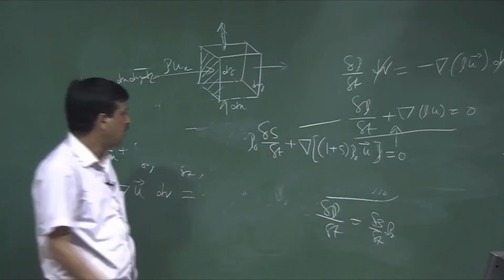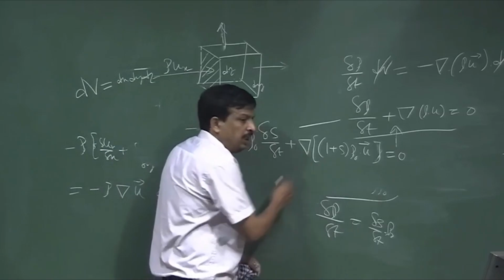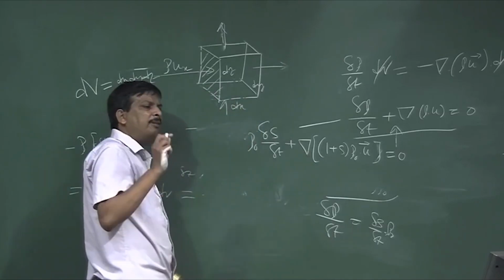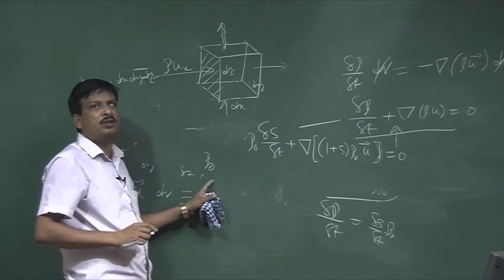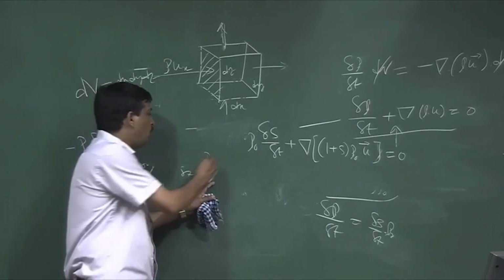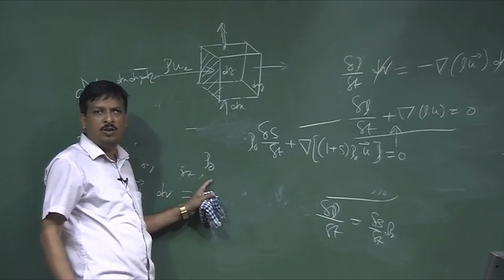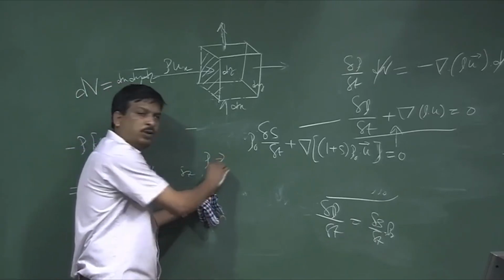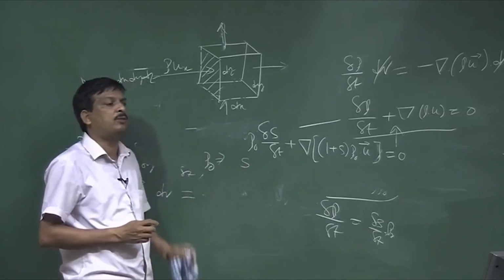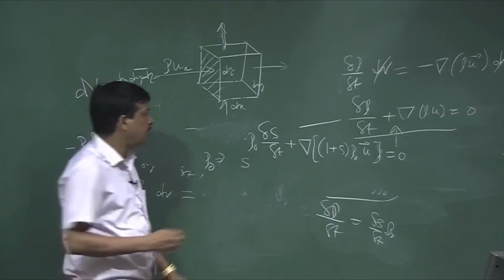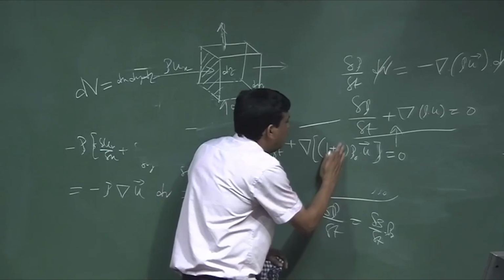Now, if S is very small, and rho 0 is constant, meaning rho 0 is not a function of time, I can ignore S here.